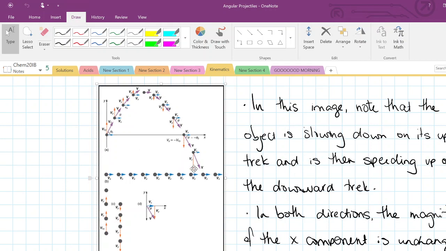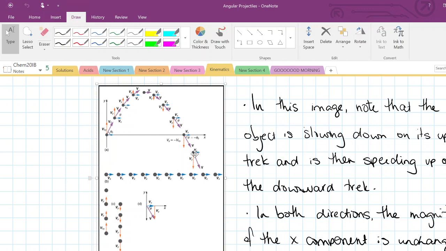And this y will continue to grow as well as the resultant velocity gets larger and larger and larger. Okay, so that's kind of the breakdown of that trajectory in the upward motion and then in the downward motion.